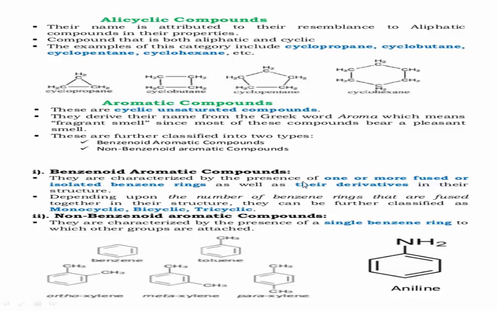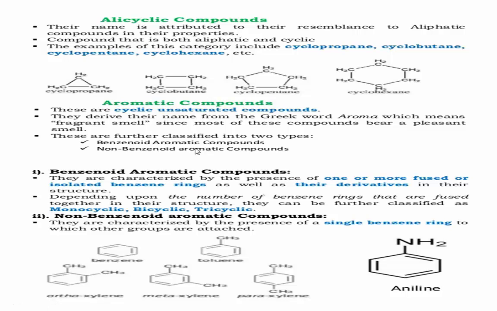Some examples are given here for alicyclic compounds as well as aromatic compounds. If you take cyclopropane, here CH2, CH2, CH2 similar groups are present and it has aliphatic properties. Similarly, cyclobutane, cyclopentane, cyclohexane. And students, aromatic compounds are the compounds which contain at least one benzene ring.